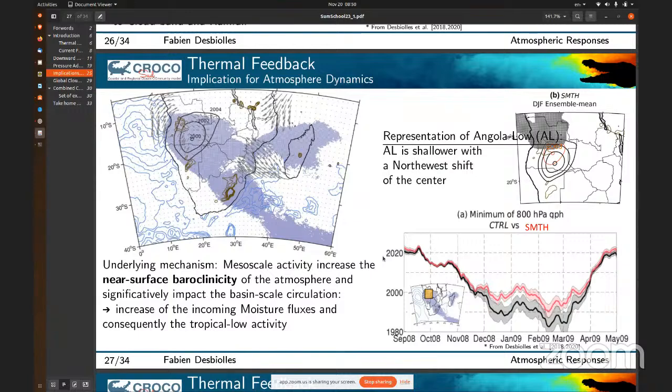Yes. So the Angola low is deeper in the core of the summer, and it's present over six months practically, but in the core of the summer, this is a tropical low. On the other seasons, this is more a heat low.